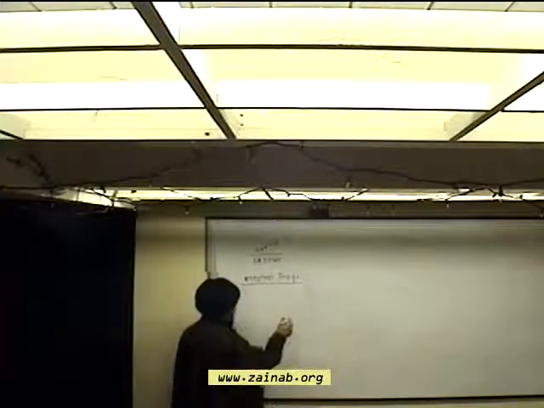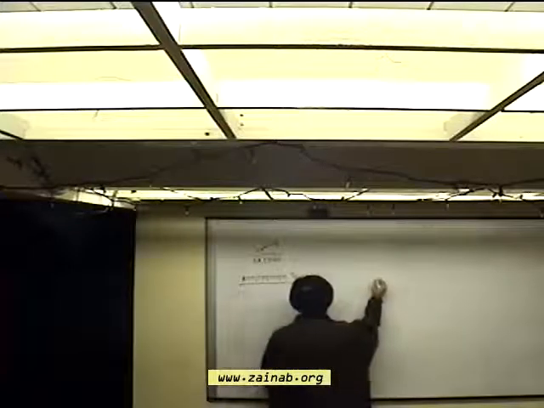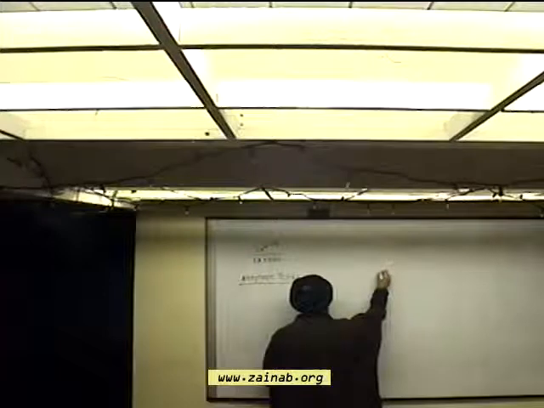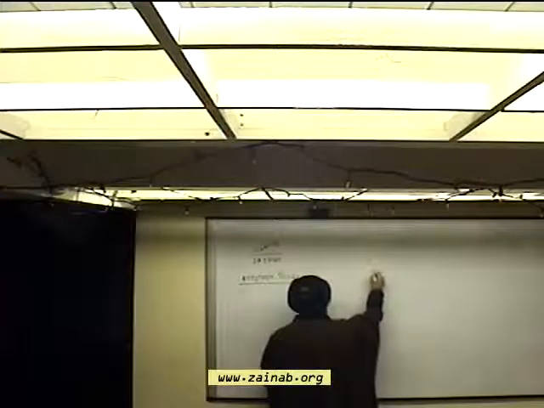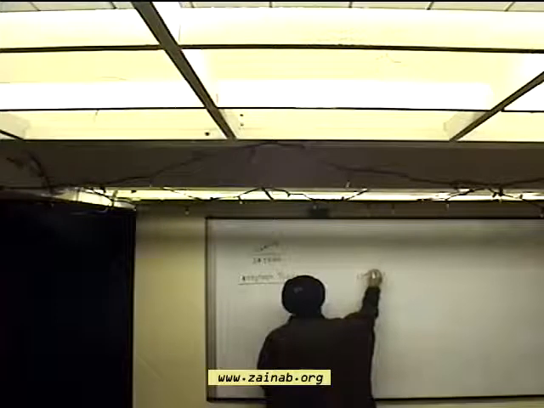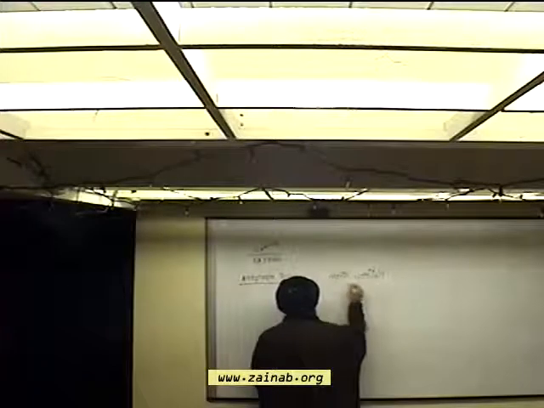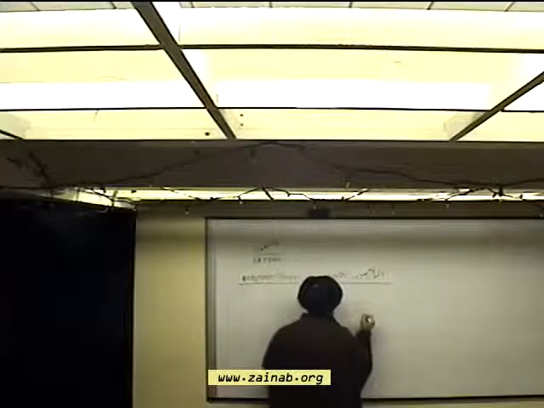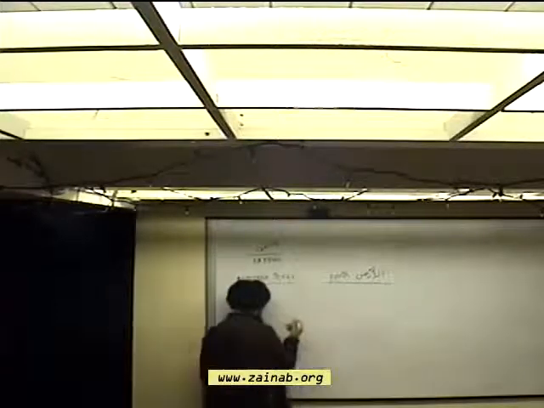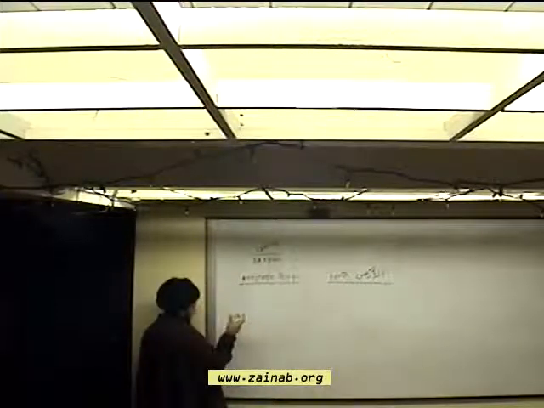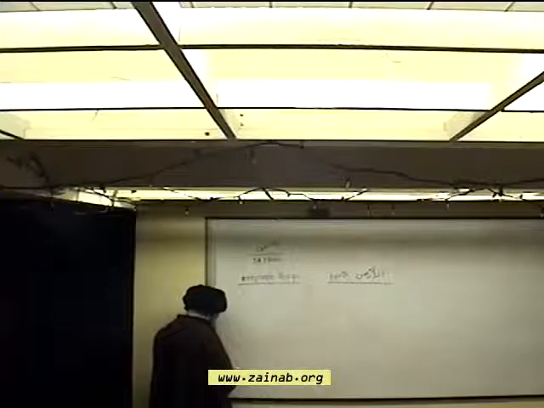So basically, sajda is performed on anything that belongs to al-ard, meaning the earth. Anything that belongs to the earth, that's where the sajda needs to be done. Now the details are what we're going to study tonight.